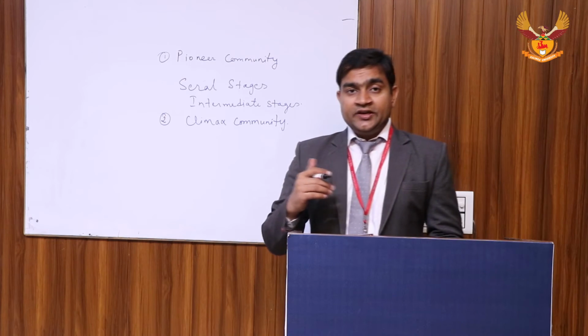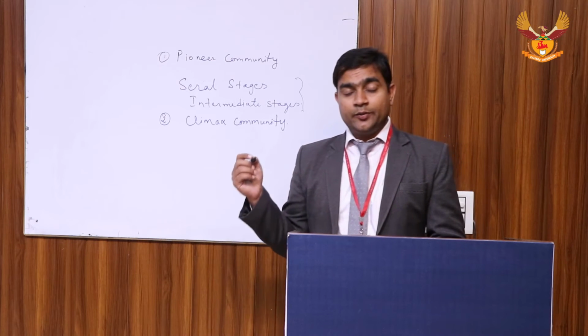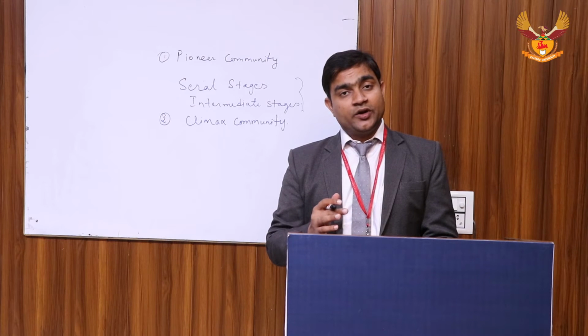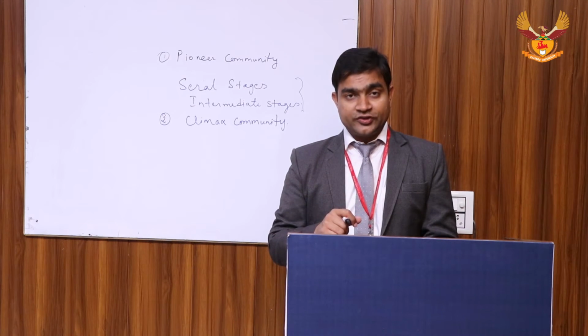Now these seral stages will actually prepare the ground for the climax community. Now what is climax community? Climax community is the final stage or the most stable stage of the ecosystem.